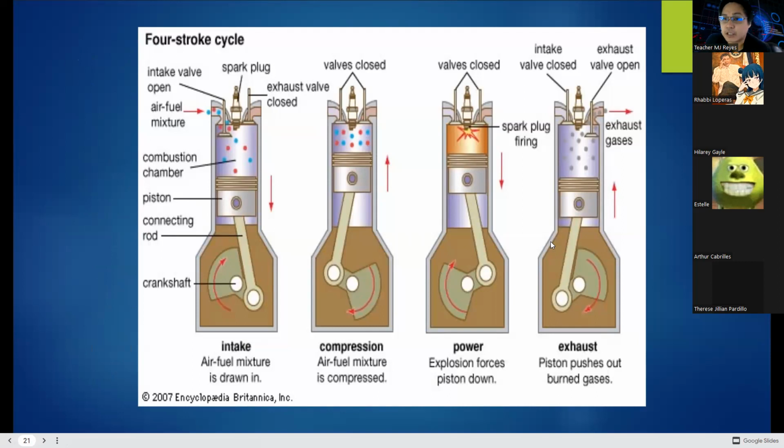It is also again one of the examples of a heat engine because it produces heat. Because of the compression that is happening inside the cylinder, the compression of air enables the spark plug to spark, producing fire and burning the what?